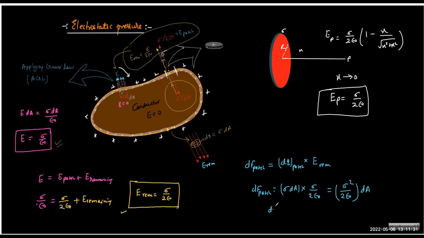So what is the force per unit area? The force per unit area is sigma square by 2 epsilon naught, and because this is the force due to the charge on the body, can we say that this is the pressure experienced by the charged body? Yes, sir.